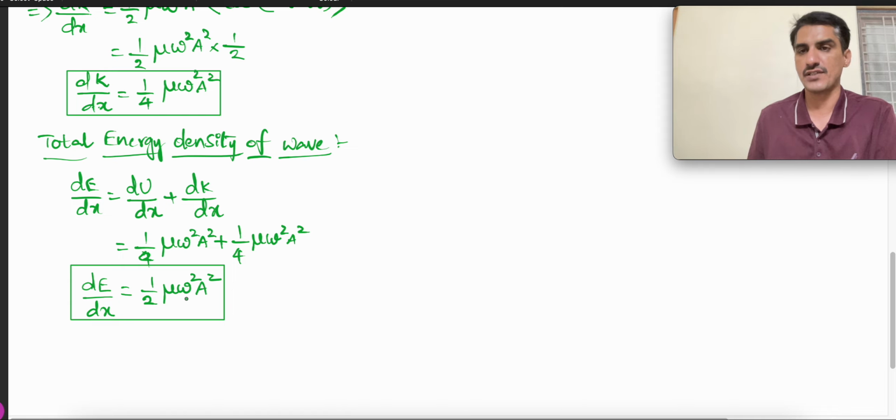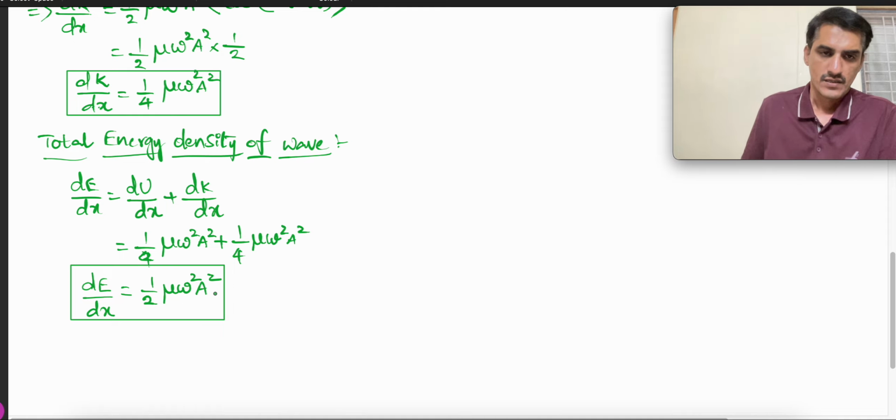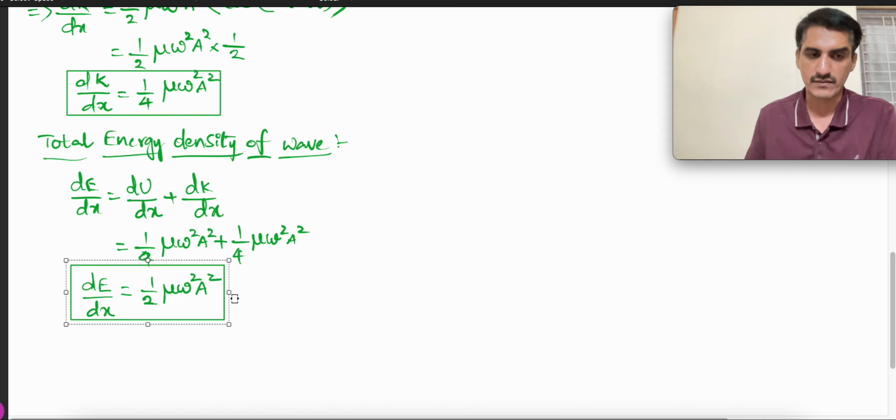dE by dx is equal to half mu omega square a square. This is the average energy density of a transverse wave in a string. So this is also constant, right? Total energy also remains constant. Half mu omega square a square, right?